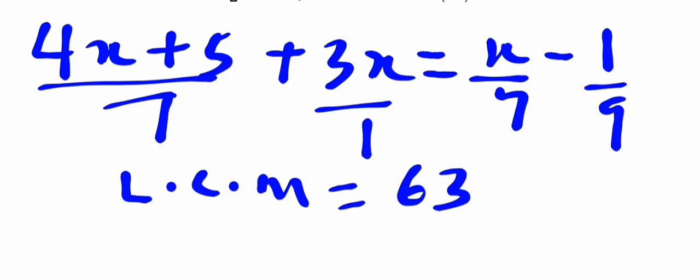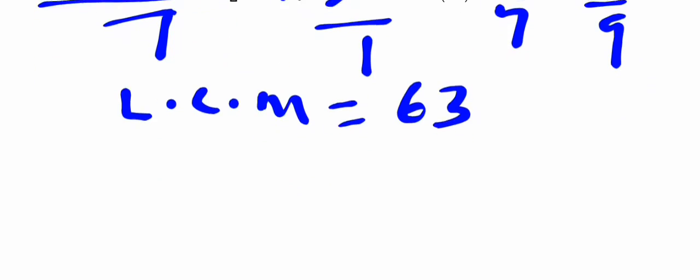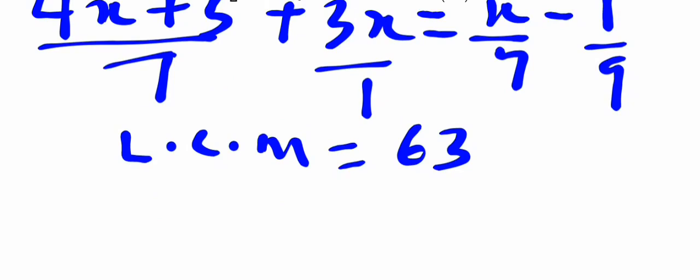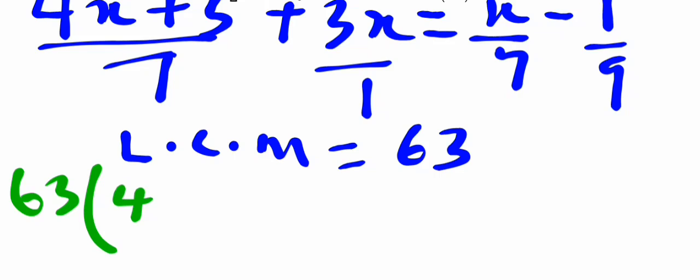And we can now clear the fractions by multiplying through with the LCM. We multiply each of the fractions. Here we have 4 fractions. When we multiply through by the LCM, that's 63 multiplied by (4x plus 5) over 7.